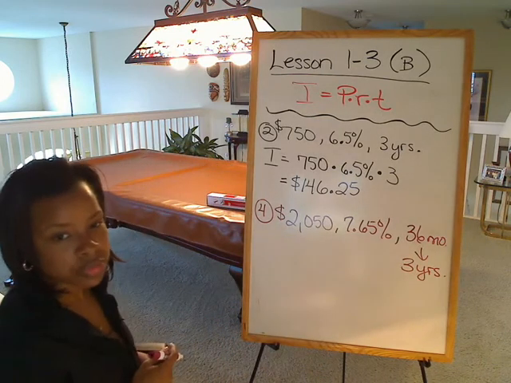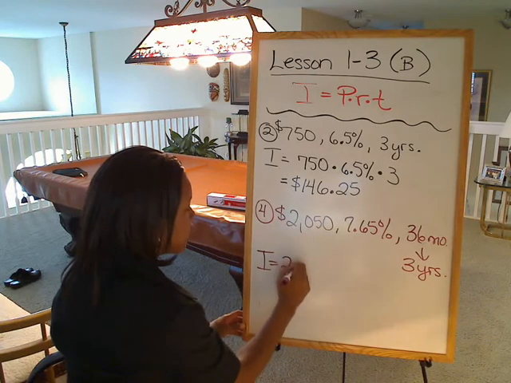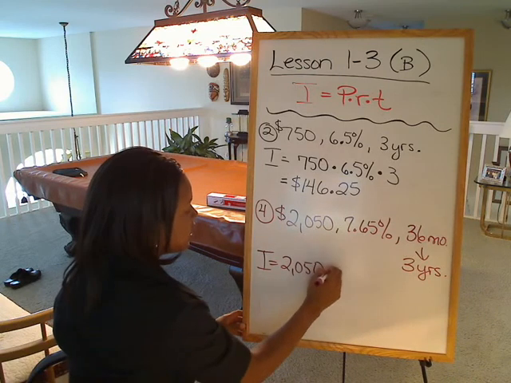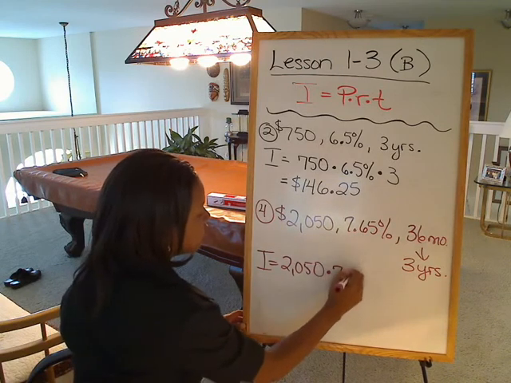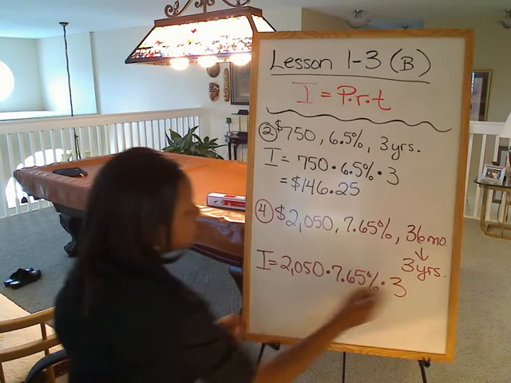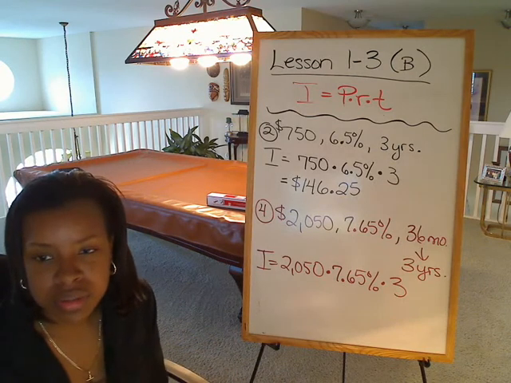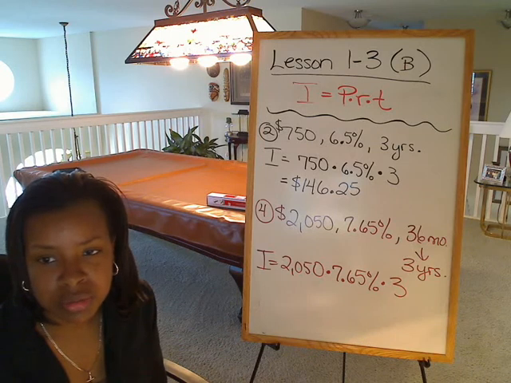Okay, so if we want to find out the interest, all we have to do, the principal was $2,050 times the rate, which is 7.65%, times the time, which is 3. I want you to try this in your own calculator. While I'm doing it, you do it right now in your calculator.